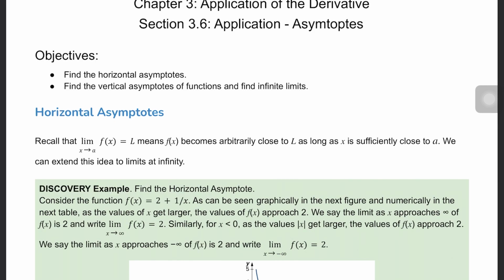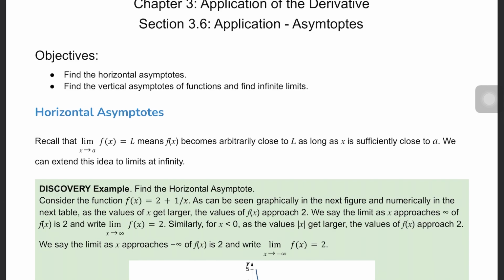So we'll talk about the horizontal asymptote and the vertical asymptote. These are topics that we have covered in college algebra, but we're gonna approach them in a calculus approach.